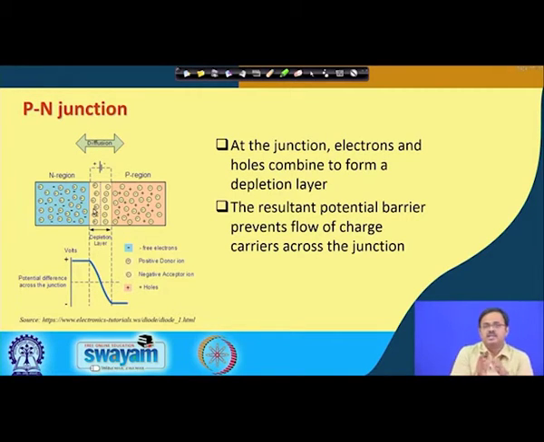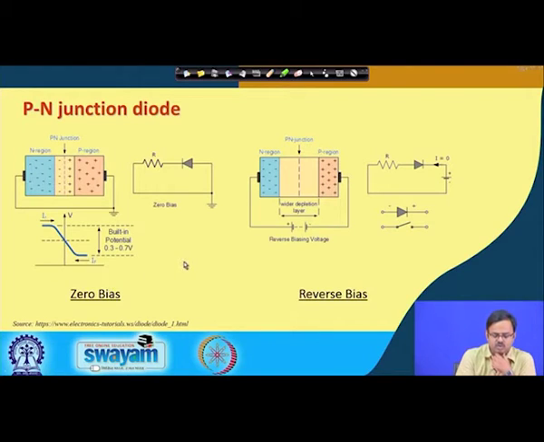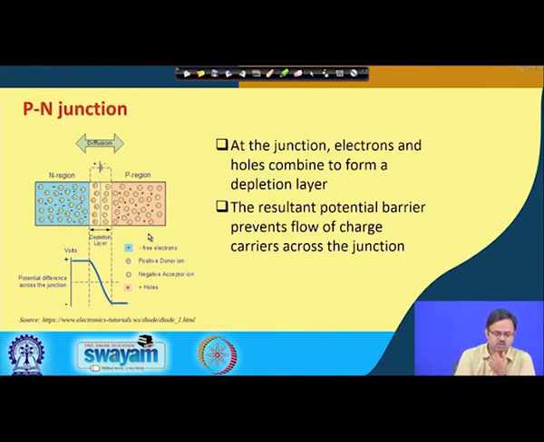But because of this depletion layer in the middle, it forms a barrier, and the electrons from this side cannot jump to the holes on the other side, because to do so, it has to go through what is known as this potential barrier, which is a potential difference across the junction caused by the depletion layer. Okay, so this is what a p-n junction is.